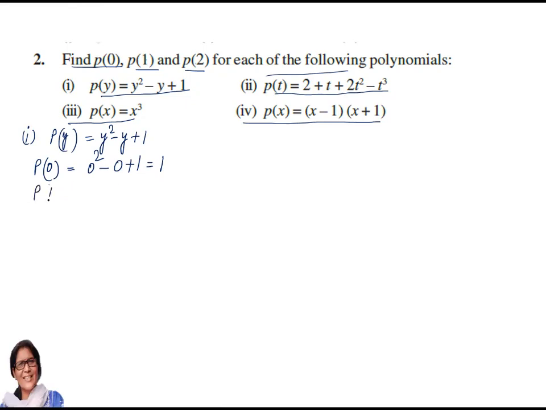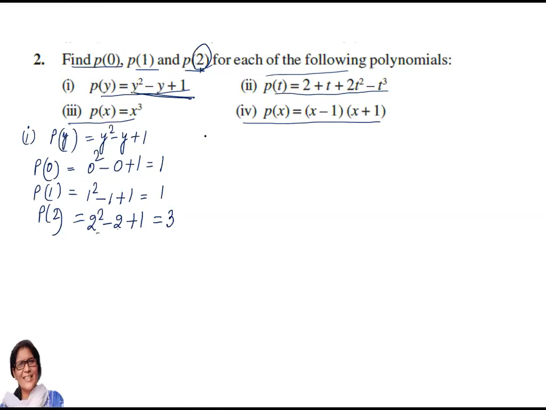P1 is, I'll put 1 square minus 1 plus 1. It will simplify, it will be 1 again. Next I'll put y is equal to 2, P2. P2 means in y I'll put 2 again. So this will be 2 square minus 2 plus 1. 2 square is 4. 4 minus 2, 2 plus 1, 3. So first part is over.